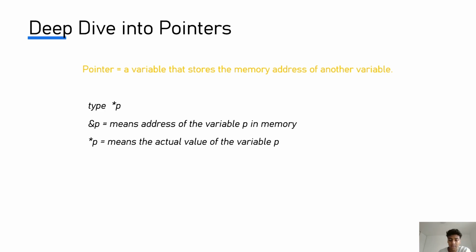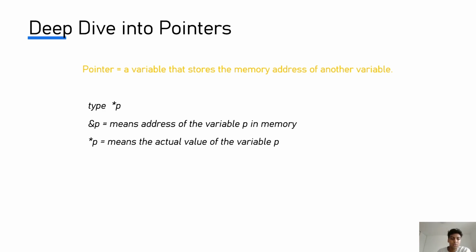How do we define this variable? It's very simple. You type the type, like integer, character, double, or even void, and we put a star before the name of the variable. Here, for example, the variable is called p.